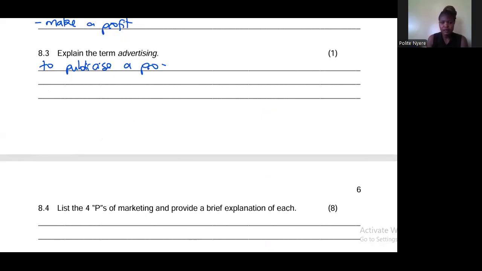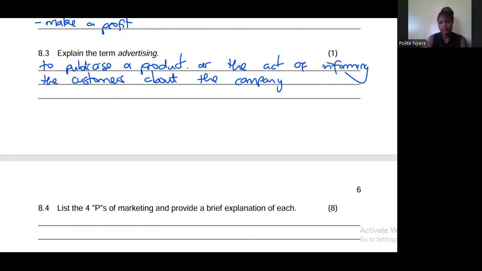Advertising is to publicize a product. So you are publicizing your product, or we can say it is the activity of producing an advertisement, or the act of informing customers about the company's product.